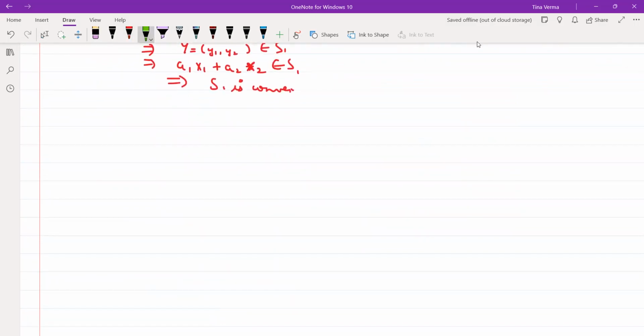Next, we are going to do the fundamental theorem of LPP. This is a very important theorem that we have actually used in the graphical method.